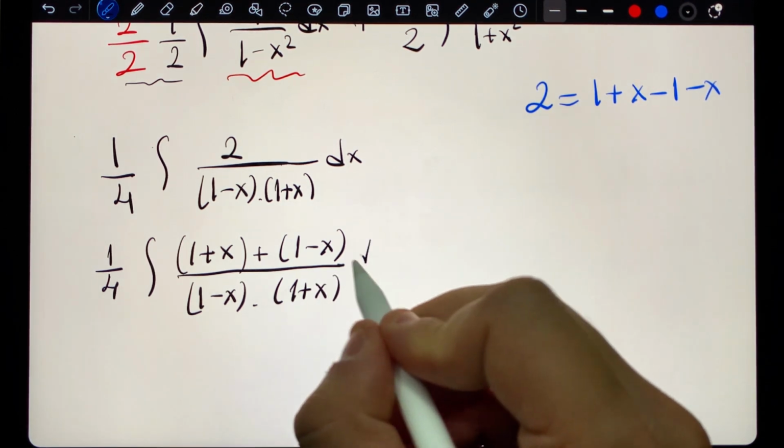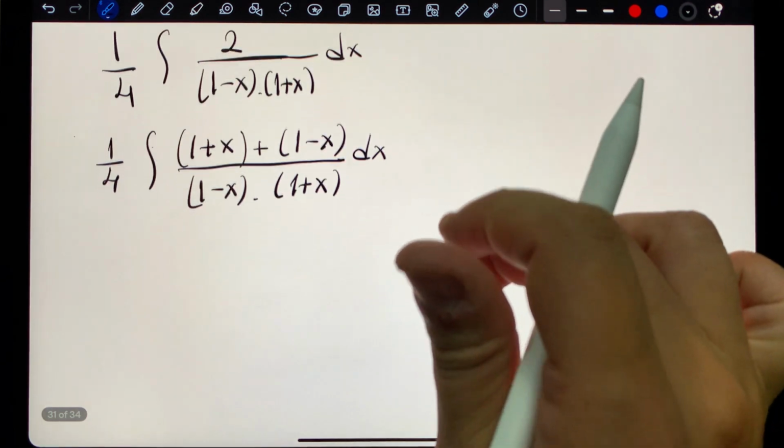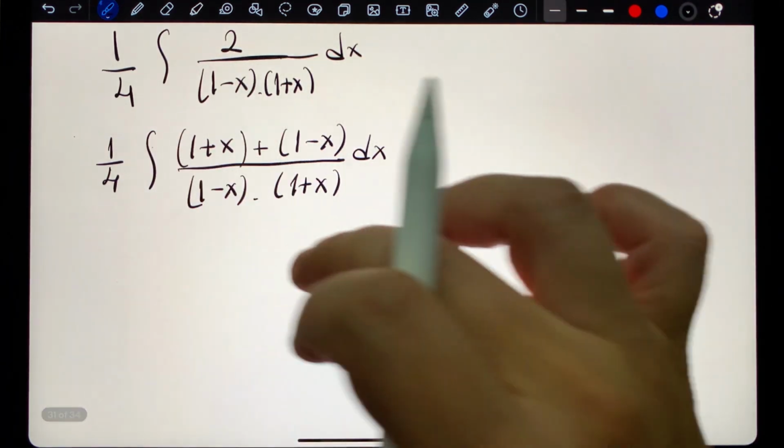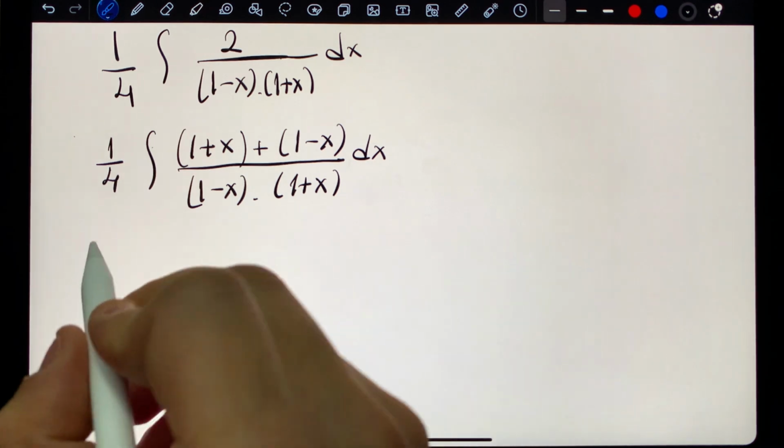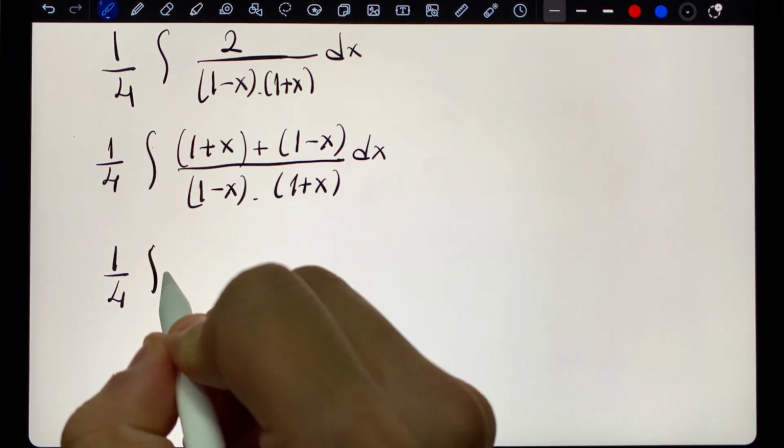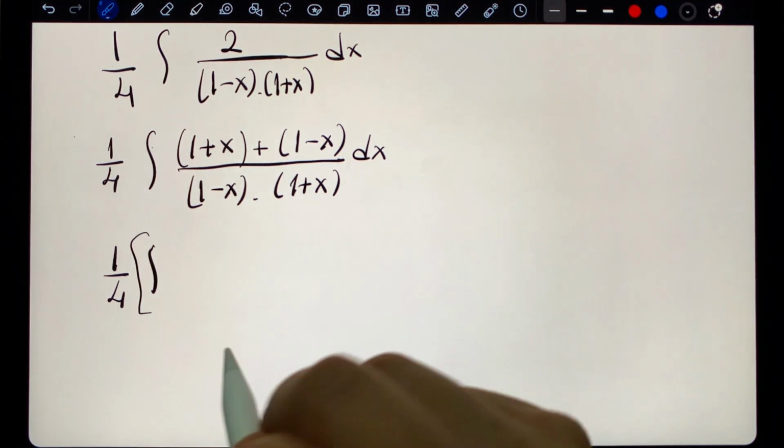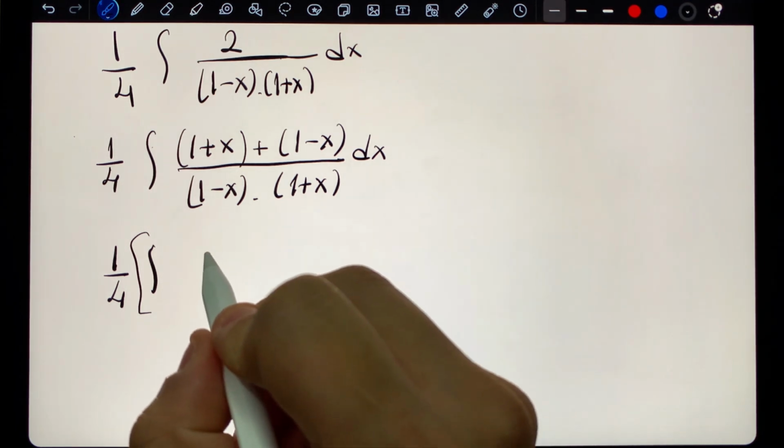Then again, one of the fundamental properties of the integral: if the denominators are common, you can separate them. 1/4 integral. Of course, let's use a parenthesis here to avoid any issues.